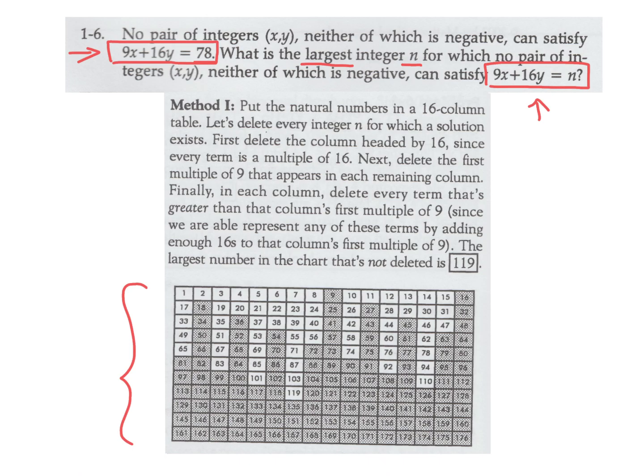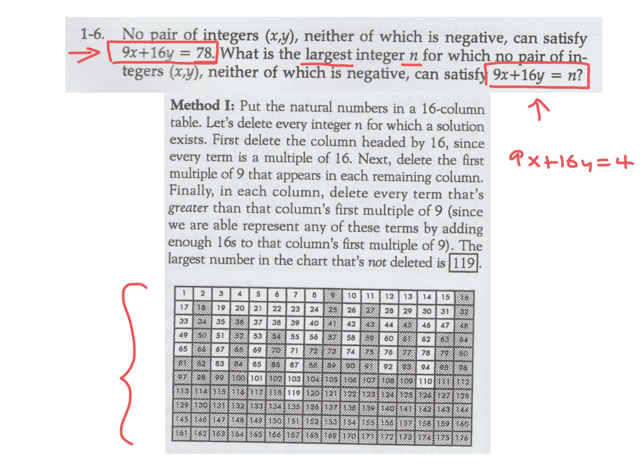If you look at this table, the ones that are not shaded, so the 1, the 2, the 3, and so on until 8, those are the ones that there is no solution for. So for example, if you said 9x plus 16y is equal to 4, there's no integer solutions. So that's why they are not shaded.